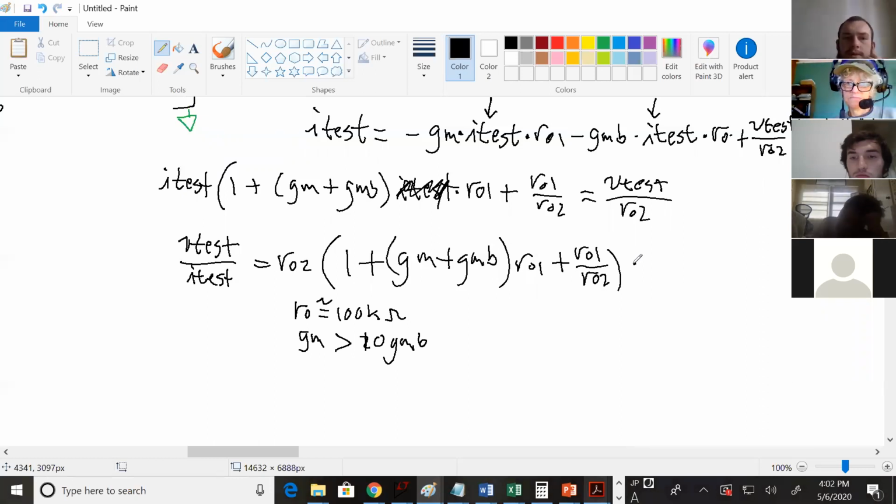RO2 plus RO1 times RO2. Okay, so I agree that that turns into a 1. But this right here is going to be much bigger than 1. This is going to be like 10K or 100K times 0.1. So it'll be 1,000 times bigger than this term or this term.